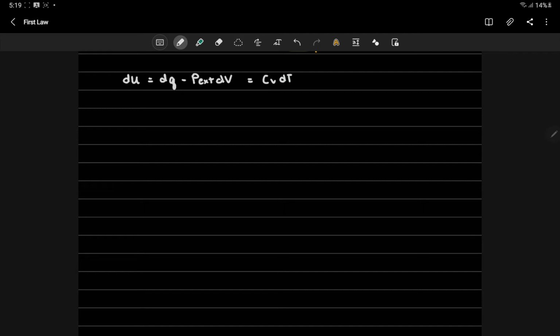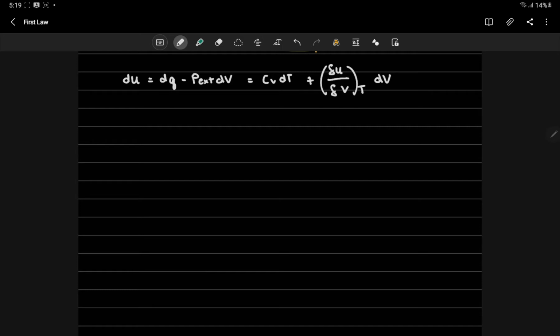And kapag hindi naman perfect gas, so generalize natin, okay, for any gas, plus yung second term na partial derivative of U with respect to V at constant T dV.